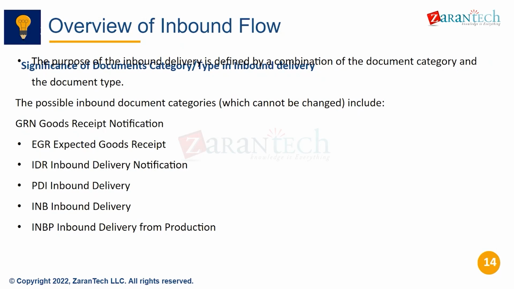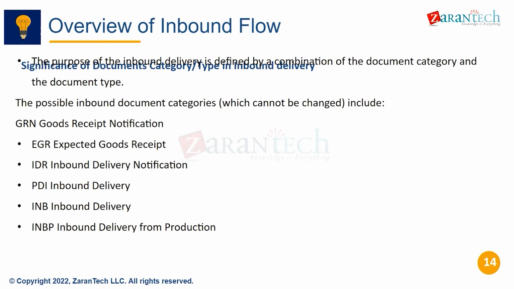And when the finished goods can be completed, based on those timelines, the expected goods receipt documents will be created against that process order. And that same expected goods receipt document will be transferred to the EWM system. Yeah.